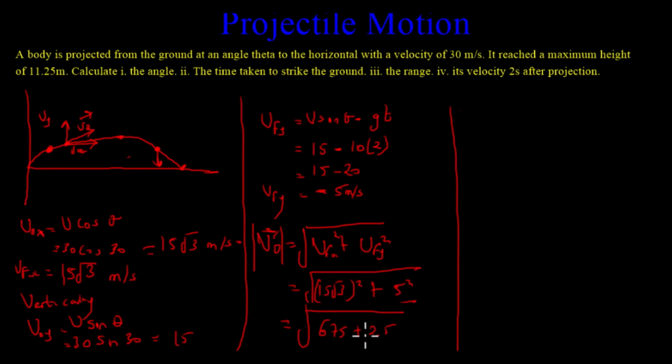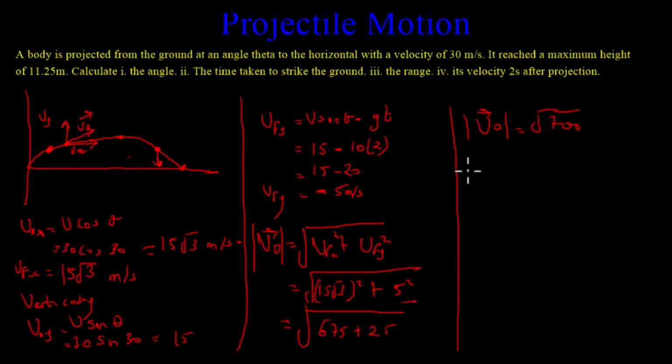By the time we add these two together, we have 700. So the magnitude of V is equal to root 700.